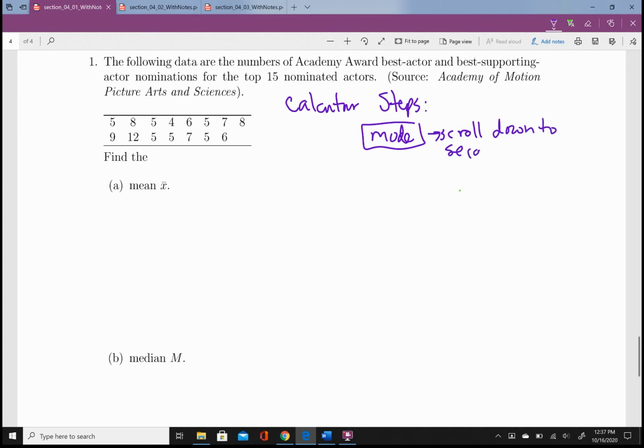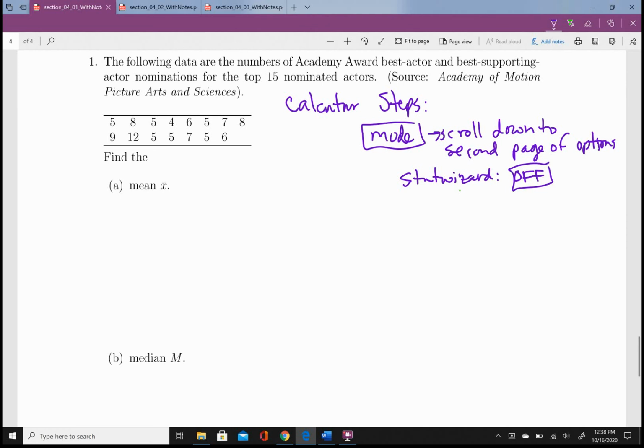There's a lot of options here, until you find Stat Wizard, and it's going to say on or off. You want to just make sure that it is off. Okay?